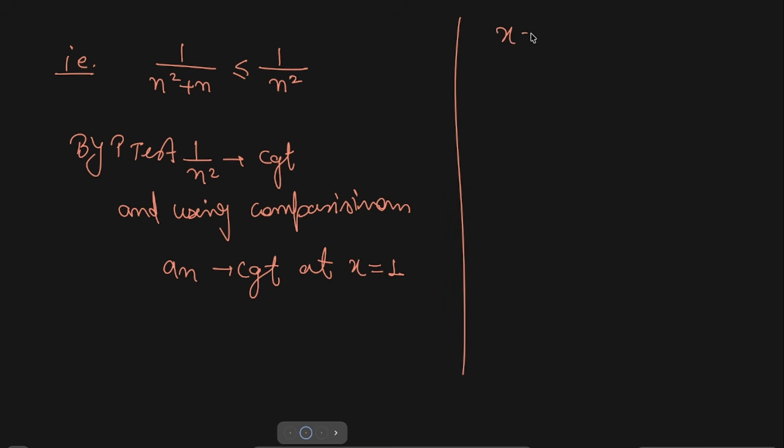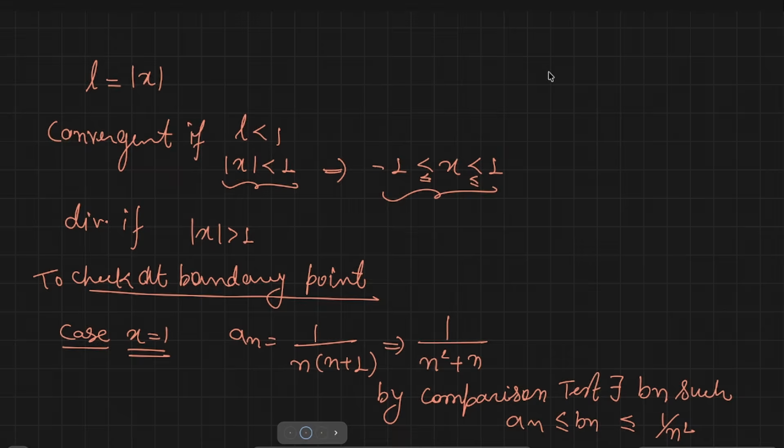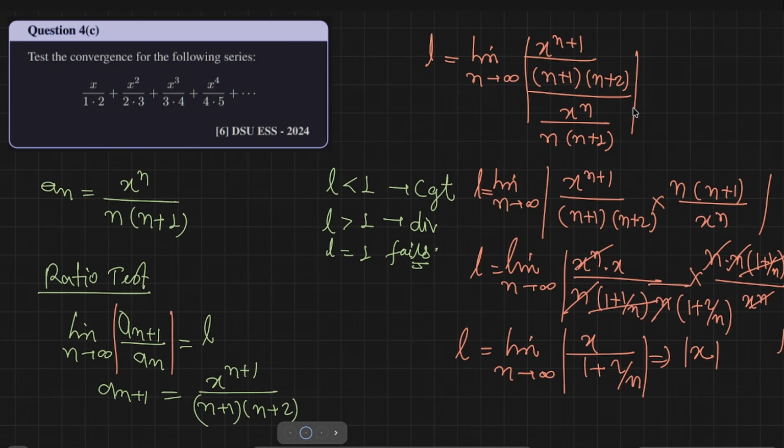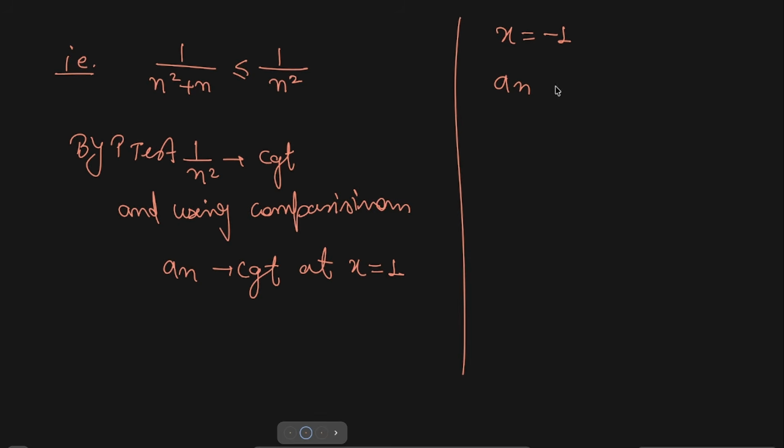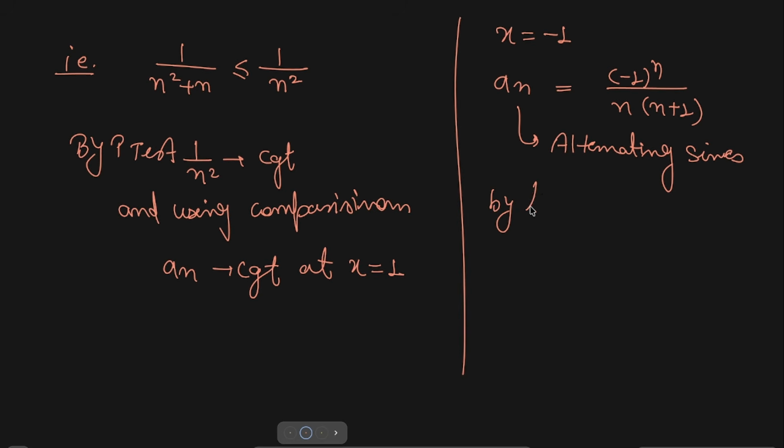Now check for x equals minus 1. Now what will your an be, x is minus 1 power n, it is minus 1 power n upon n plus 1. Now it is not a positive term series. It is basically an alternating series, and for alternating series we use the Leibniz test.